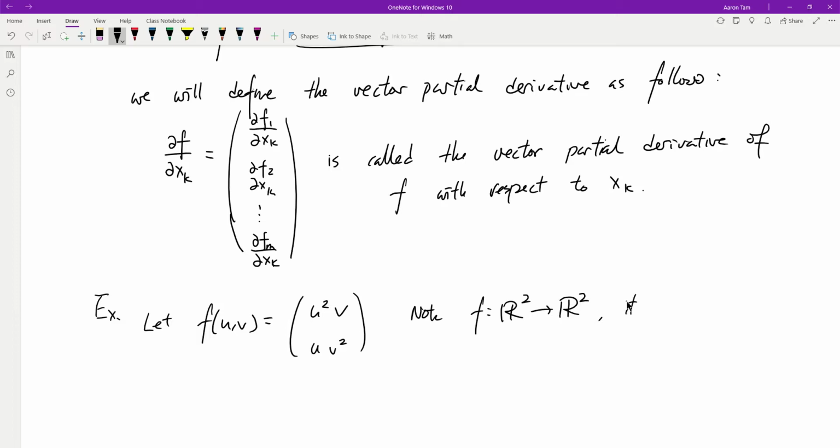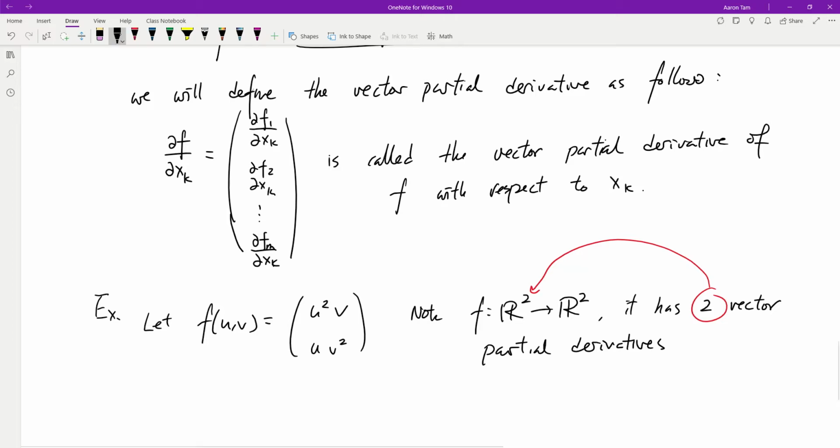Therefore, it has two vector partial derivatives. How do I know it has two vector partial derivatives? Because that's indicated by the number of inputs that we have. We have two independent variables, therefore we have two partial derivatives.